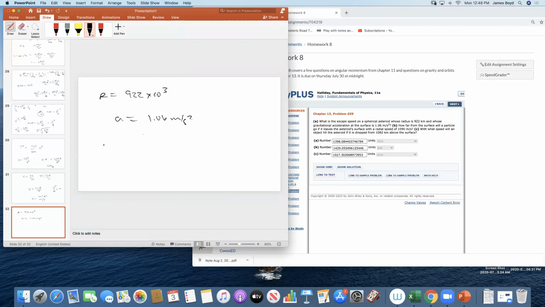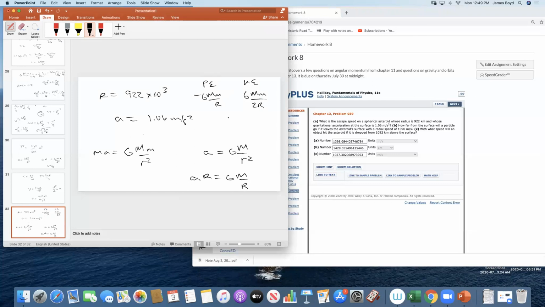Now here's the thing. This is what I was trying to talk to you guys about. Since ma is equal to GM m over r squared, a is equal to GM over r squared. Or if I multiply by R, aR is GM over r, okay? Why do I care? Because the potential energy is GM m over r, and the kinetic energy was GM m over 2r.